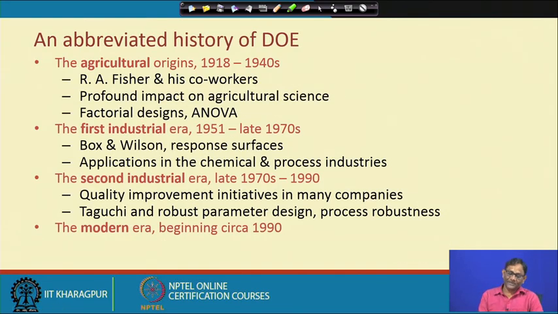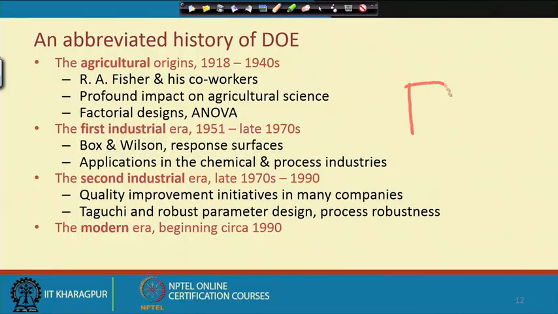So, with these examples as well as what I have discussed so far, you must be able to define an experiment, and you must be able to identify your problem in terms of a process model. And when you find the process, you must know that in a process there will be output variables which are known as response variables, or quality variables if you are thinking in terms of quality.